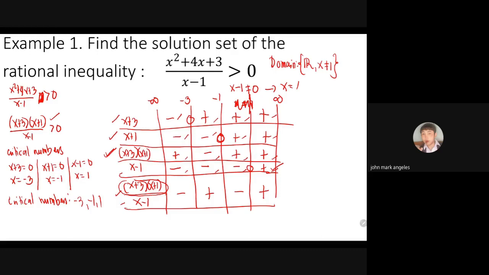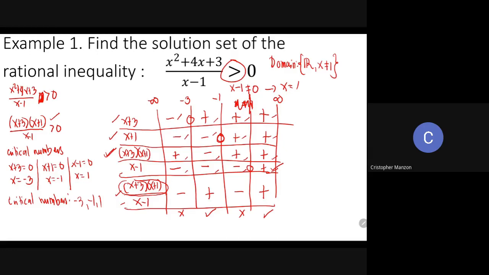Mas malaki ba yung negative kaysa 0? Hindi po. Hindi. Kasi hindi to kasama sa solution set. Hindi rin to kasama sa solution set. Tama ba? So ang solution set natin ay ito lang. Positive. Bakit? Dahil dito. Greater than 0 dapat.